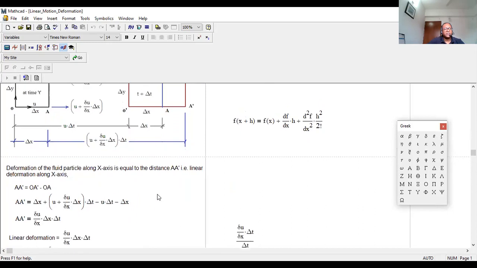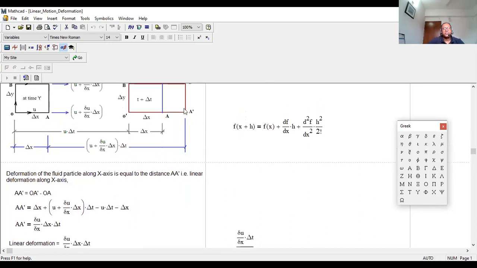So line A'A2, this much distance I need to figure out, equals line OA' minus line OA. OA' minus OA, not this A, okay? I should differentiate from this.